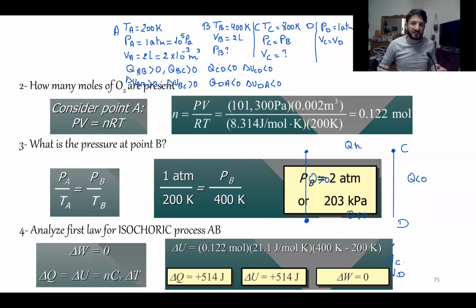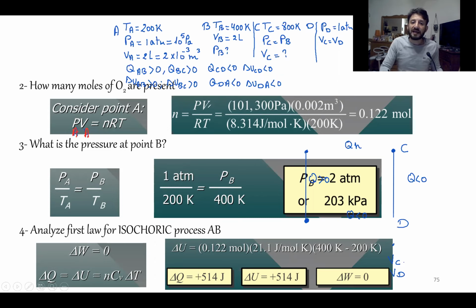N at the position A equals N at the position B, at the position C, and at the position D. You can take any one of these points to calculate N. But as at the point A we have all the parameters, we have T, P, V, we can use directly the point A. So here, PAVA equals nRT, n equals PV divided by RT.